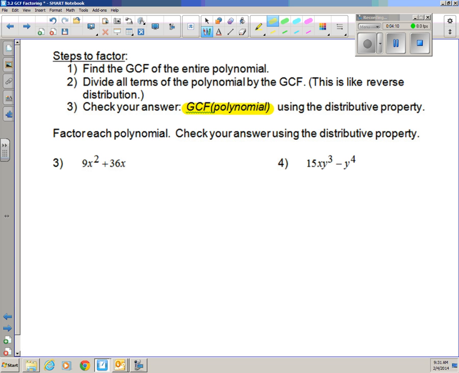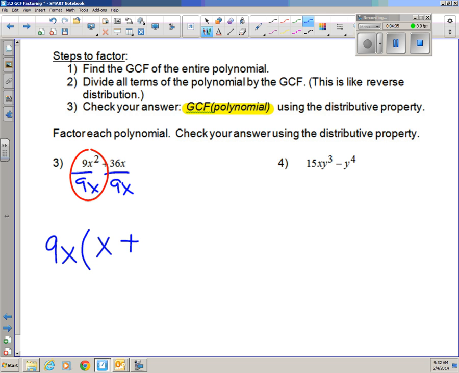So if I take a look at number 3, my GCF, well, my number that can go into both of them is 9, and the most x's I can take out at a time is x. So my GCF happens to be 9x. So that's what I'm going to divide everything by. So my answer becomes GCF outside of, well, 9x divided by x squared is just x.